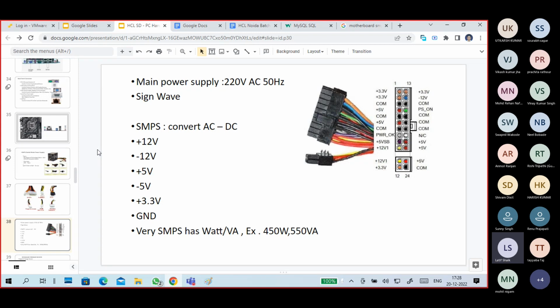Based on that, calculate the total power consumption and take a little more. For example, if your total power consumption is 500, take 550 or 600. Sometimes it shows as wattage or as VA, no problem, both are the same.